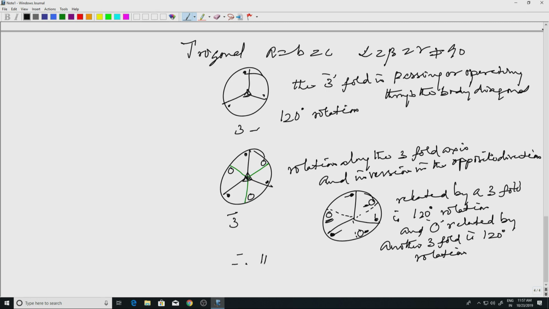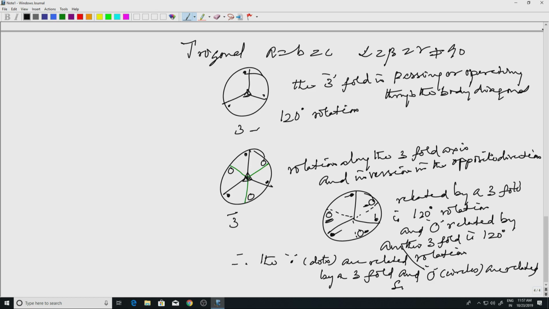Therefore, the dots are related by a threefold and circles are related similarly.